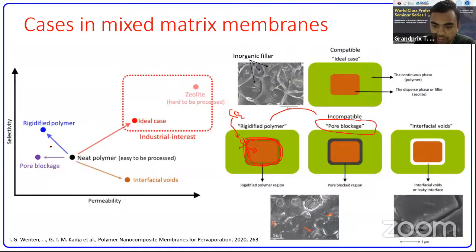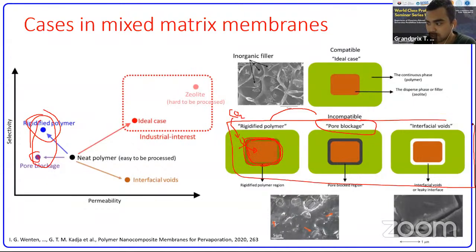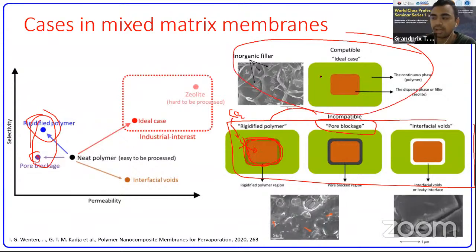That's why, in the rigidified polymer, the selectivity could be increased, but the permeability is decreased essentially. But if pore blockage occurs, the selectivity stays the same, but the permeability is reduced. So we don't want these three cases. We want this ideal case.